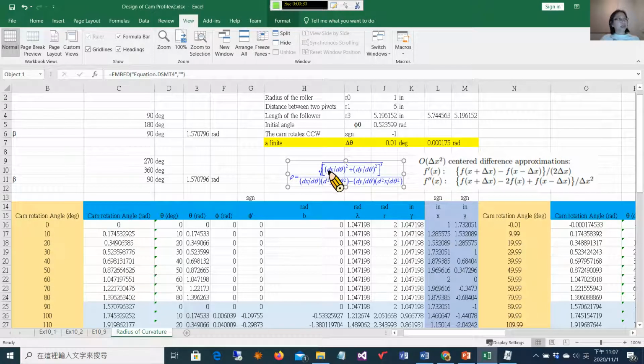If the expressions are complicated and difficult to find their first and second derivatives, we can use numerical differentiation to find the numerical values of derivatives. In this case, we use the second-order centered difference approach for the first and the second derivatives. We give a finite delta theta equal to 0.01 degrees.